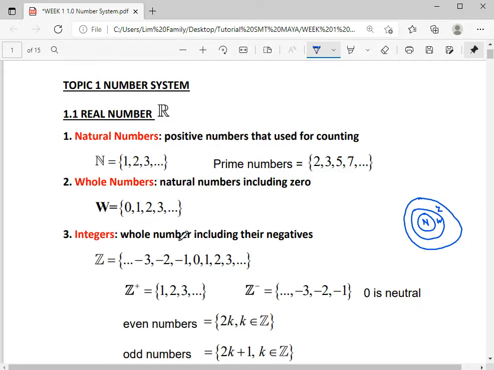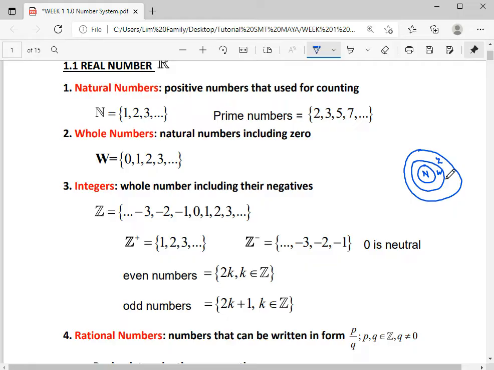So therefore, integers have 3 categories, which are positive integers, where you can see a positive sign here, and negative integers, where you have a negative sign, and 0 is counted in a category of neutral. Alright, so in integers, you don't have any decimal yet. They are all nombor bulat, no decimal anything.